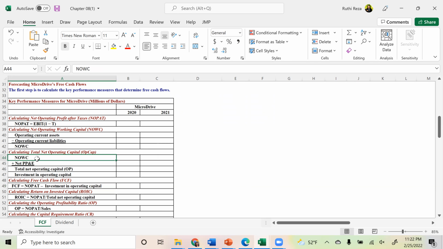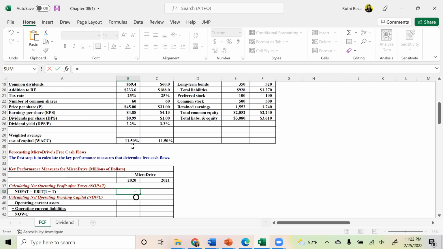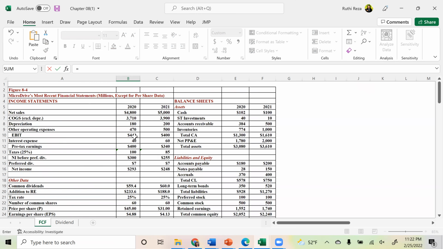All right. So first, let us calculate net operating profit after tax. The formula is earnings before interest and tax adjusted for the tax rate: EBIT times 1 minus tax rate.